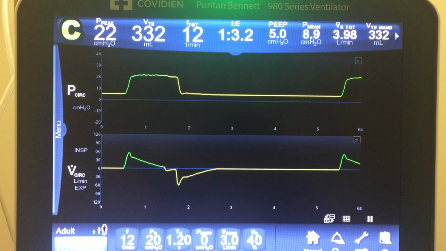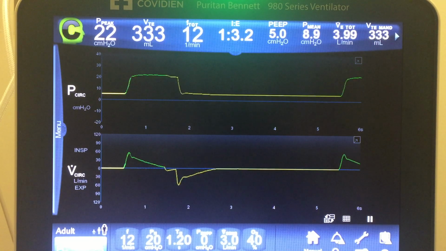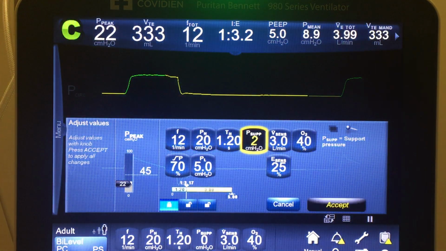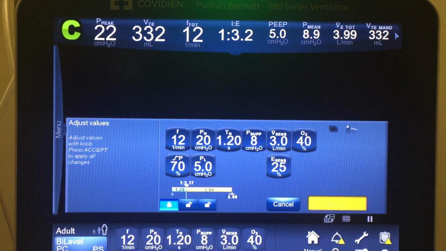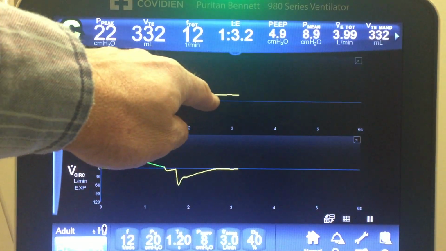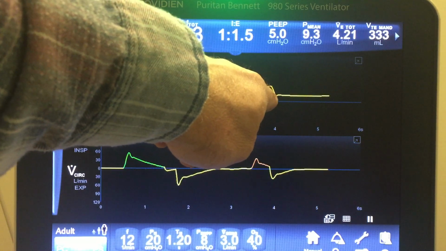If you want additional pressure support, the thing to remember is any extra set pressure support is always from PEEP low. So if I set a pressure support of, let's say, 8, that pressure support is always going to come from PEEP low.